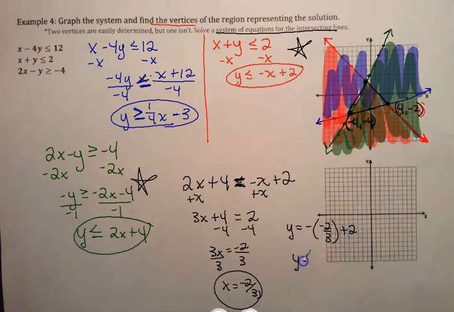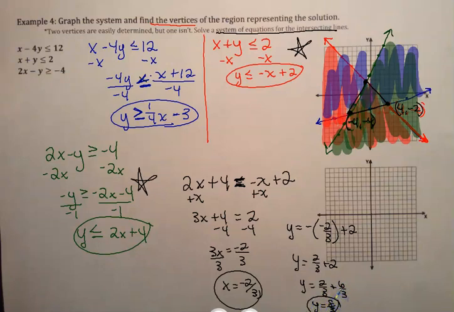So y equals 2/3 plus 2. 2 is equivalent to 6/3, right? So what's 2/3 plus 6/3? Good. So y equals 8/3.